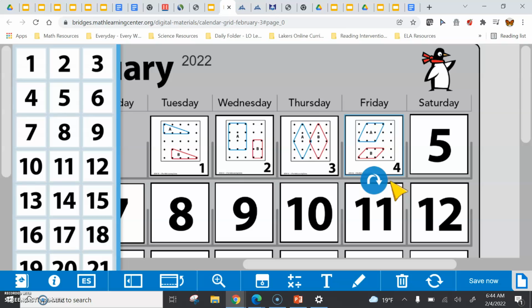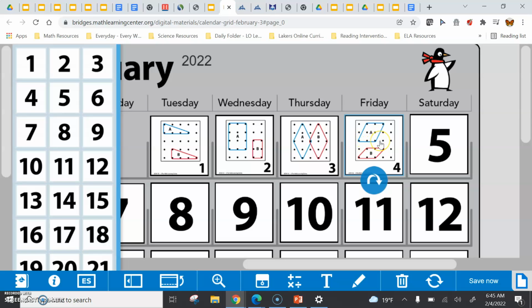Whoa. They tried to trick us here. We see two actual shapes here. When we look at our rhombuses, which they are, we have 1, 2, 3 dots going this way and 2 dots going this way.